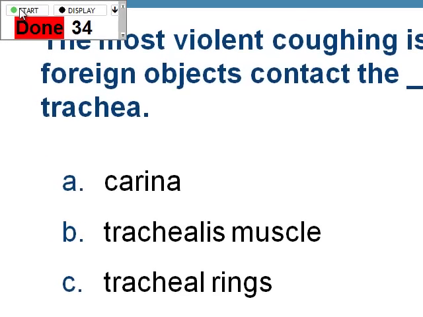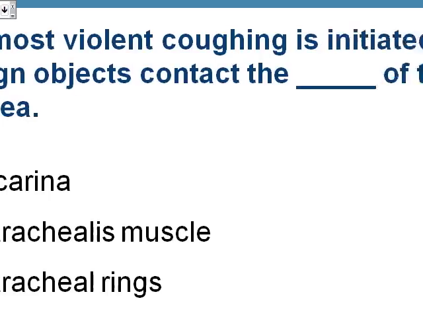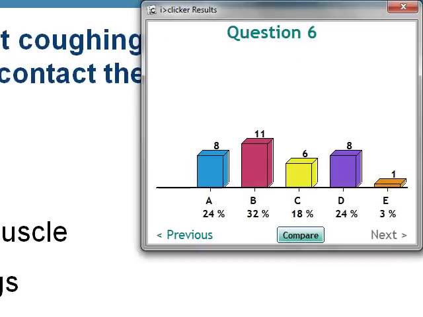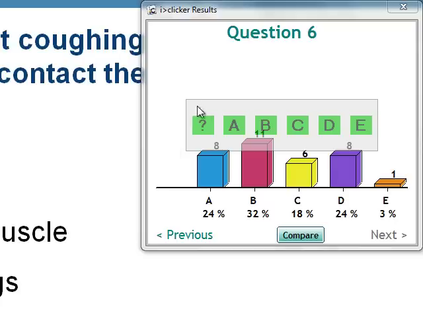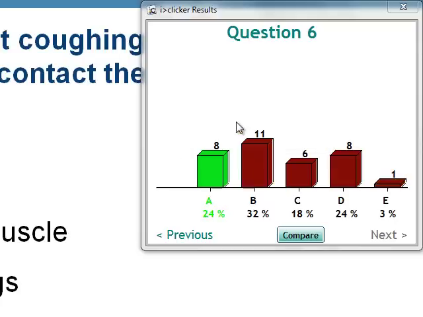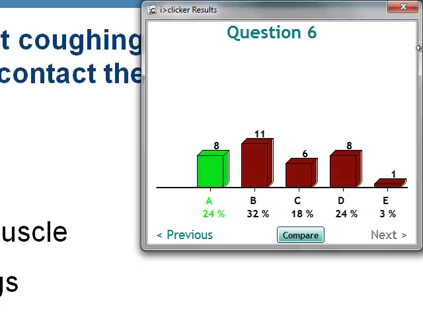All right, what's the answer? It's called the carina. And remember the trachea comes down and it branches? There's a little area of cells we talked about. Down in that area, it's called the carina. Now you won't get that wrong on a test. A is the answer for that one.